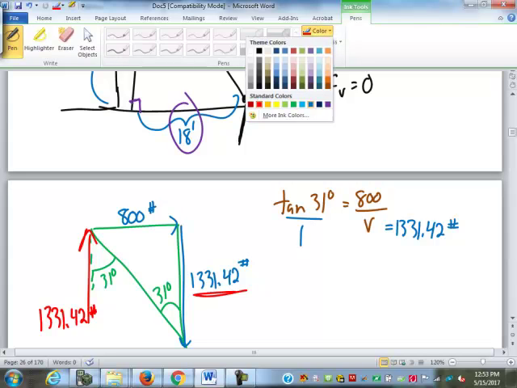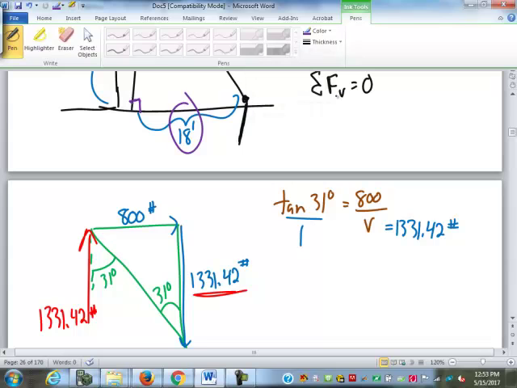The total force on that cable then, a couple ways I could do it. I could do a squared plus b squared equals c squared, but that requires me to use a rounded measurement. So it's probably easier if I just use sine of 31 degrees equals 800 pounds over the total. I'm going to call it m for magnitude.